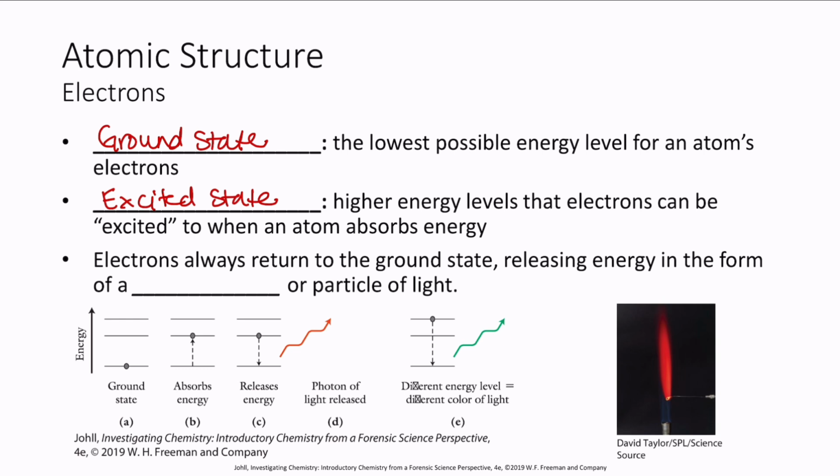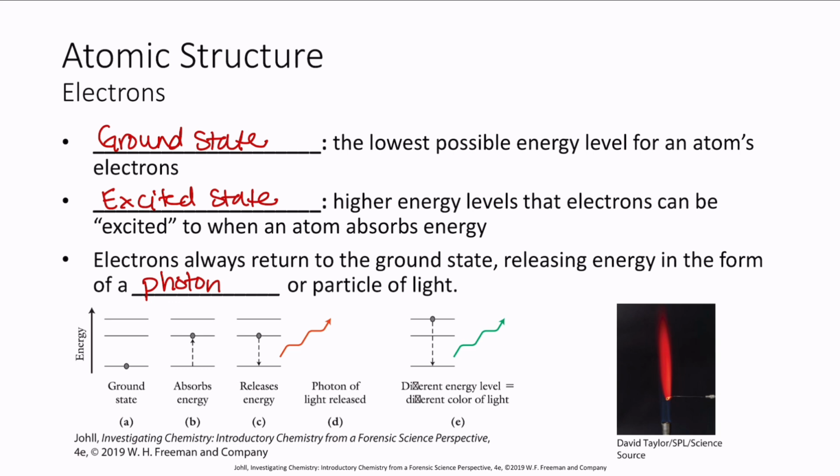And as it does that, it's going to release energy in the form of a photon. And a photon is a particle of light. So the energy that is absorbed by that ground state electron to get excited is going to push it up. And as it comes back down, it's going to give off a different energy.